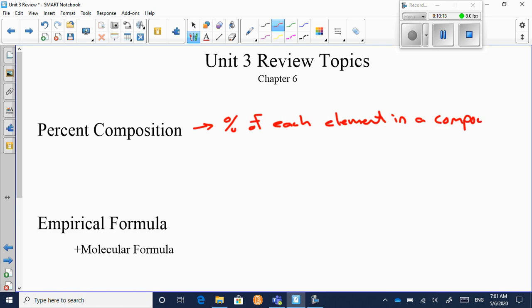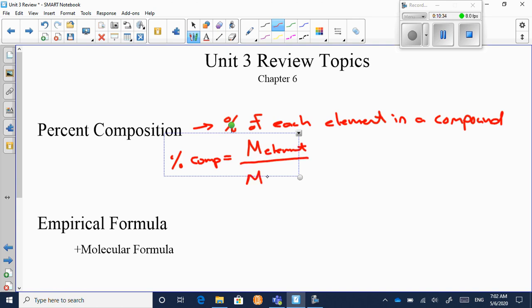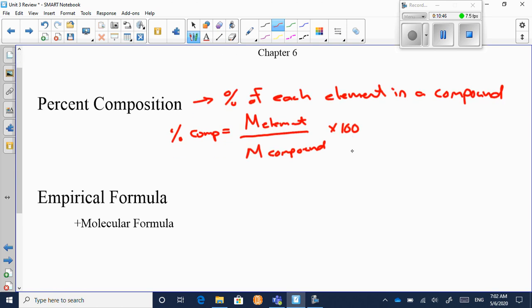The way you get the percent composition is you take the molar mass of the element that you're looking at within the compound, divide it by the molar mass of the compound, and then multiply by 100. That's how you do it, and I'm going to do a sample question in a moment where we do that.